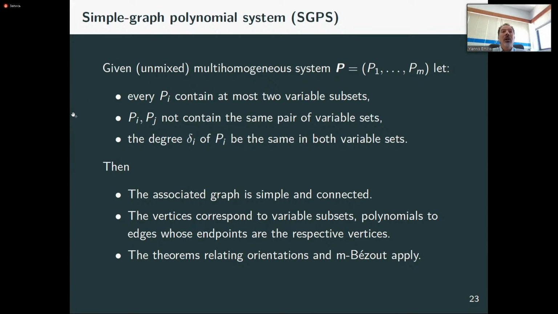So I don't want polynomials containing the same pair of variable sets. This corresponds to edges in the original modeling, okay? Moreover, another constraint is that the degree of every polynomial is the same in both variable sets. So these are the bad news. These are the constraints, and they come from the original formulation.